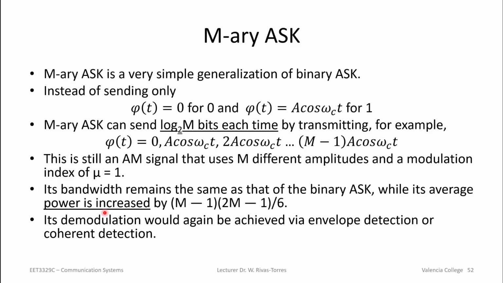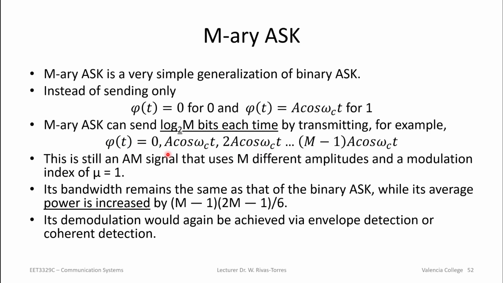So you start off with saying that the signal equals 0 for a 0, and we started saying it was A cosine omega c t for a 1, right? In an M-ary ASK, where you can send log 2 of the M levels that you have, bits at a time, then you need as many different signals.